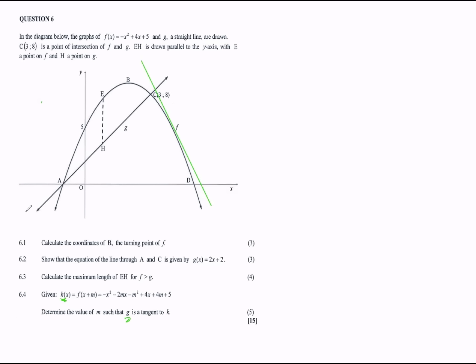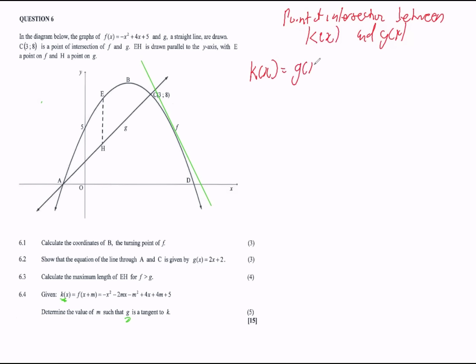So, okay, first thing. There will be a point of intersection between k of x and g of x. So that means I must have what? K of x is equals to what? G of x, right?